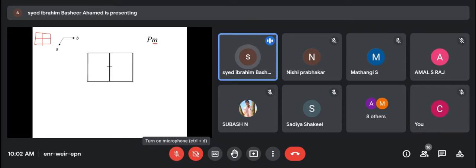Since you have a mirror, you have to indicate the mirror axis. To indicate that, I am going to make this line thicker. You can see this is a thinner line. The thicker line indicates you have the mirror axis. So you have the mirror axis here, here, and here.